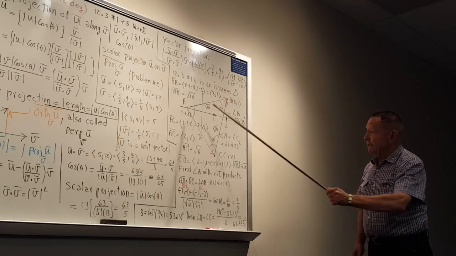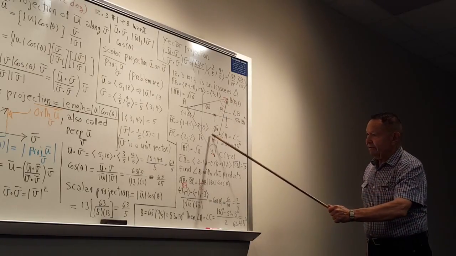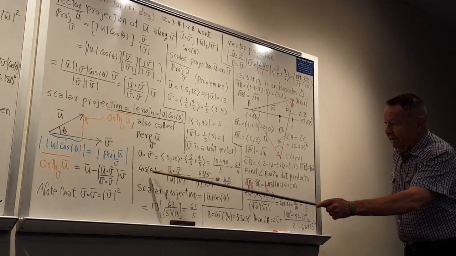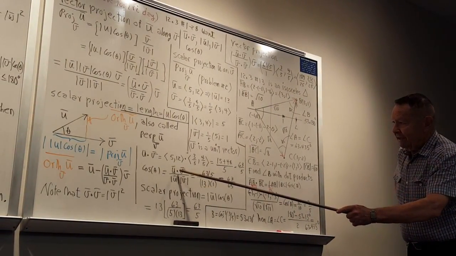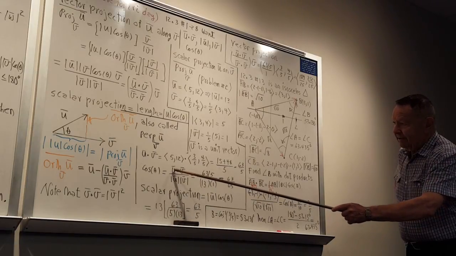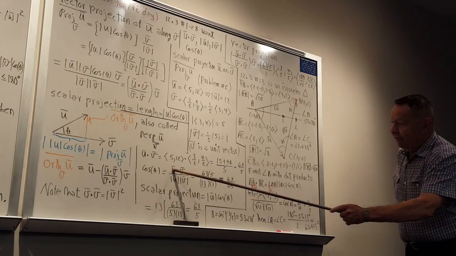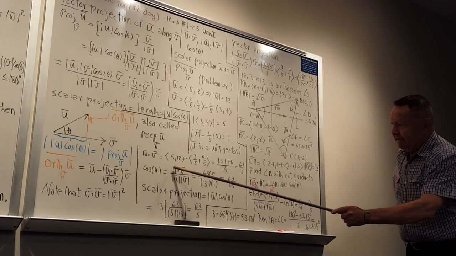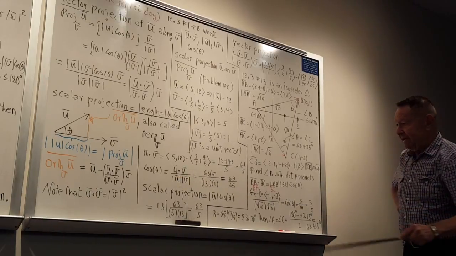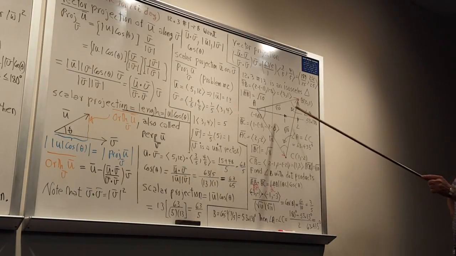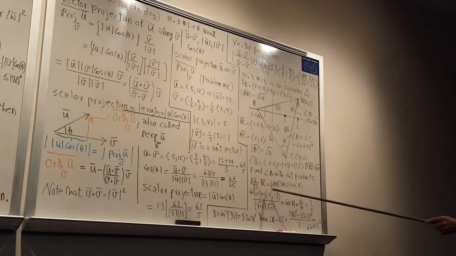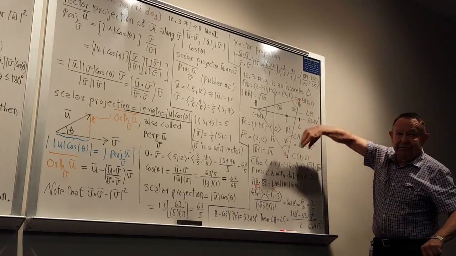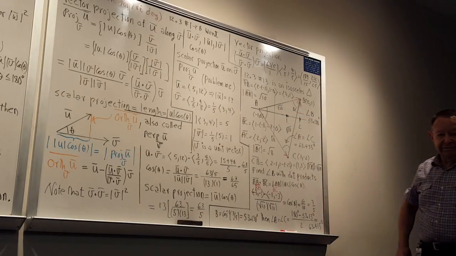So you can solve this triangle problem using the fact that you can get the cosine of the angle between two vectors if they're tail to tail or if they're tip to tip, head to head, from dot product over the product of the magnitudes. So I've used that idea here to get this angle, and then some geometry to get the other two.